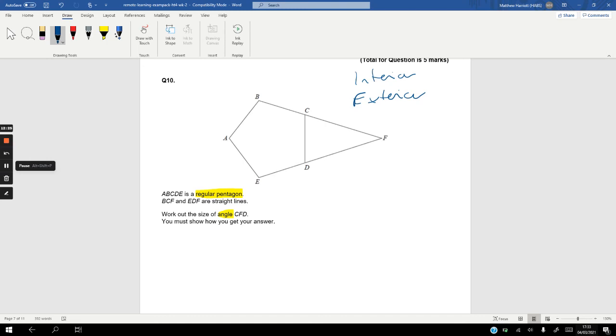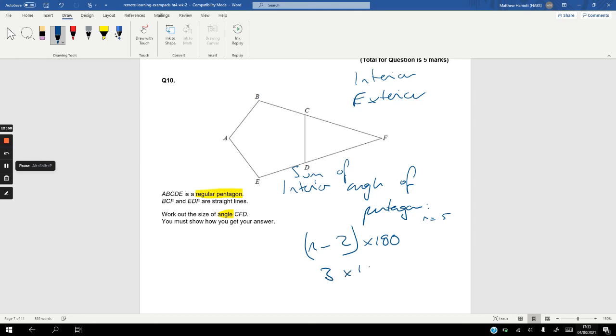A regular pentagon, I know that the interior angles of a pentagon sum is n minus 2 times 180, where n is 5. 1, 2, 3, 4, 5.